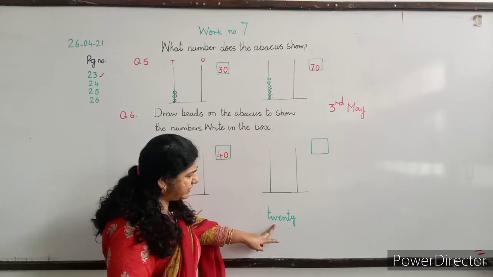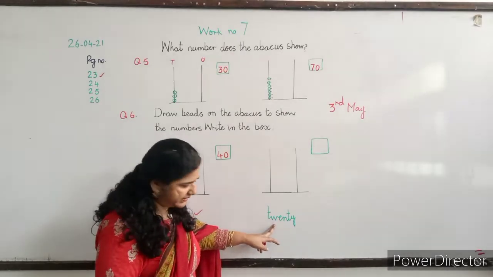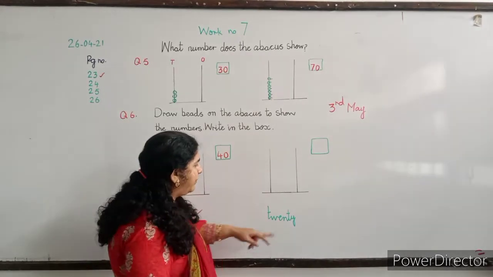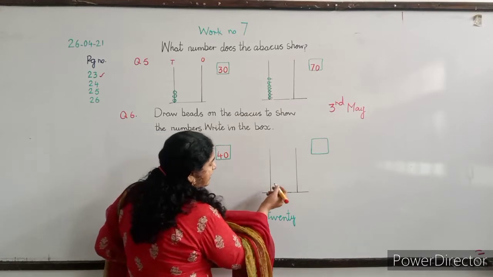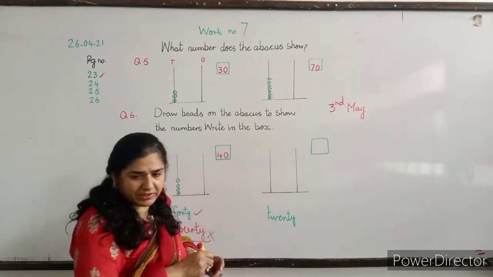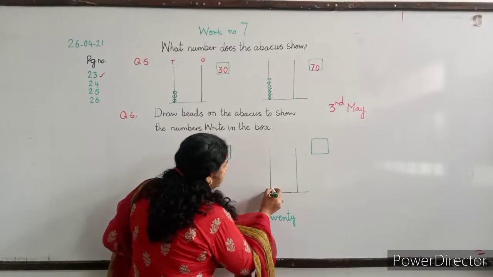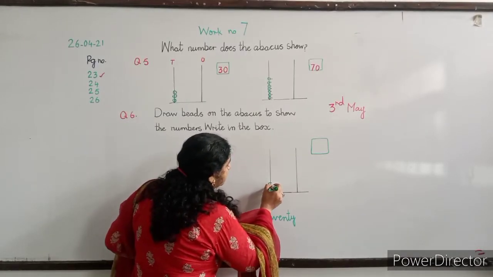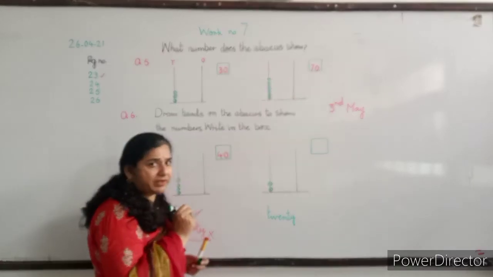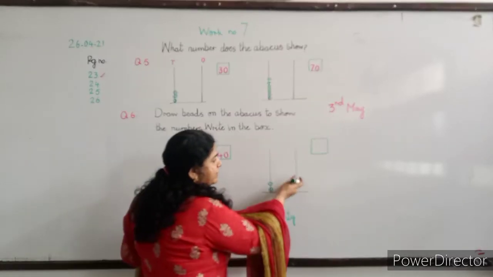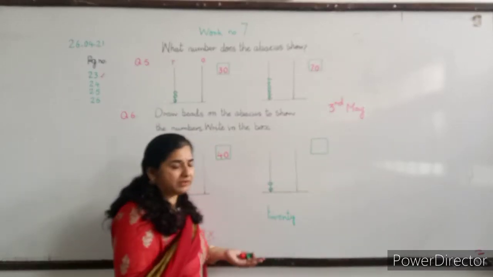Okay? Now, next, here we are going to draw the beads. What is this? Can you read? Yes, 20. For 20, how many tens will we draw here? We will take green color. See, 1, 2. 2 tens are in 20. And how many ones are here? No one.